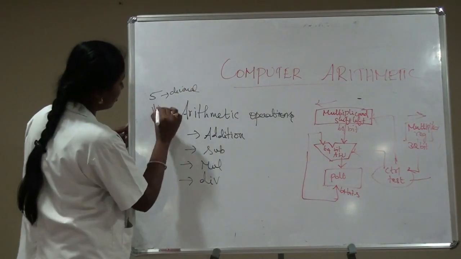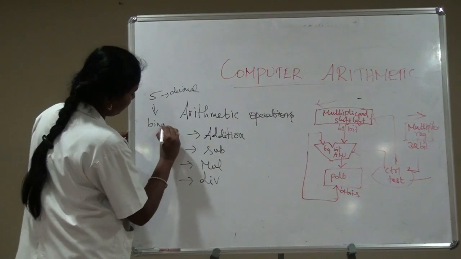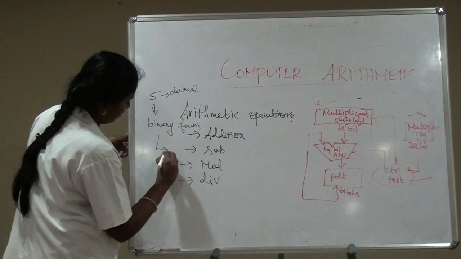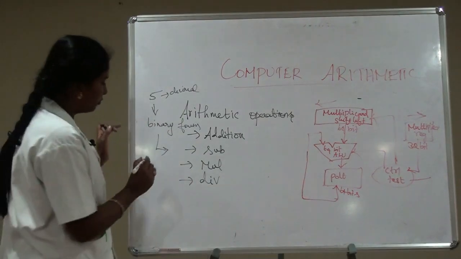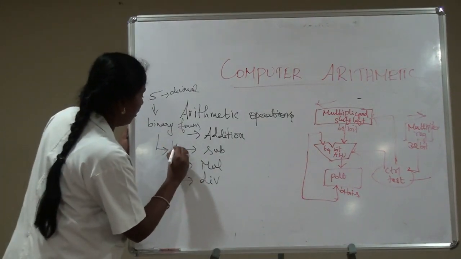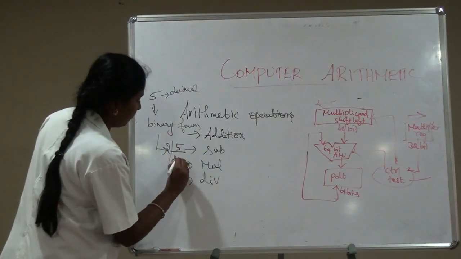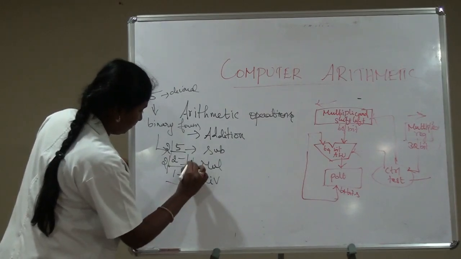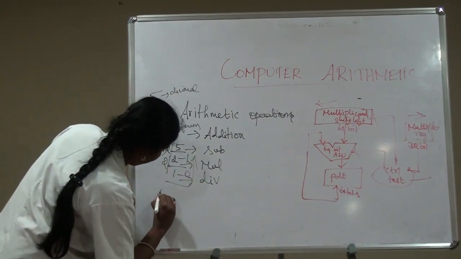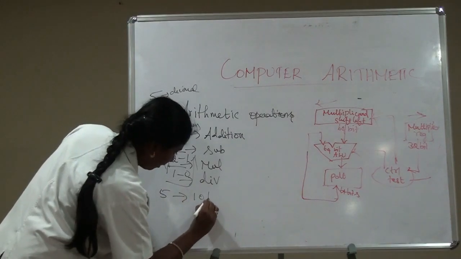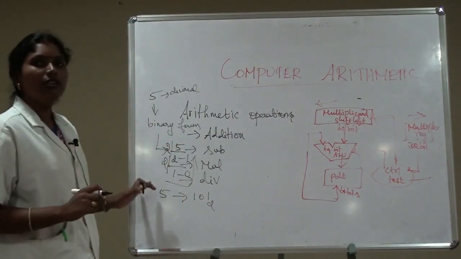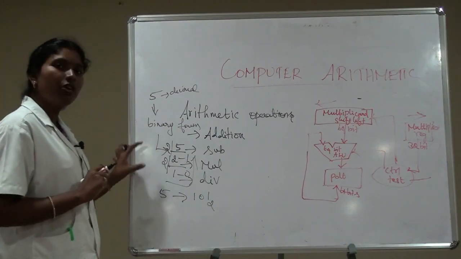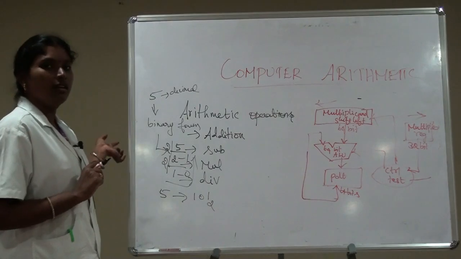If we want to convert it into binary form, you have to divide the number by 2. This is the equivalent binary value for decimal number 5. This is the conversion for addition into binary value.